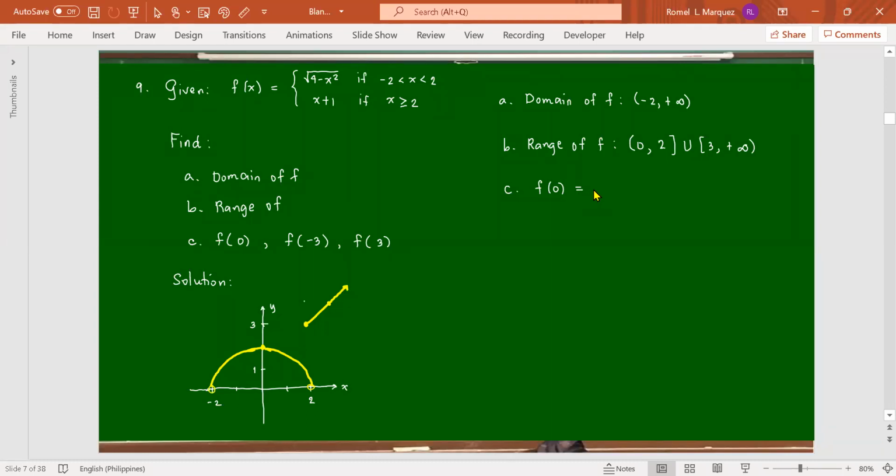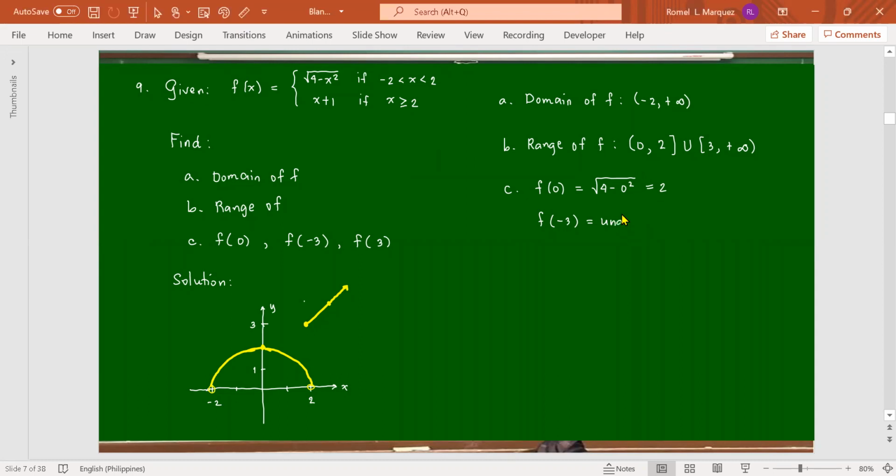So we are going to use square root of 4 minus 0 squared, and that is equal to 2. F of -3 is not in the domain, no?